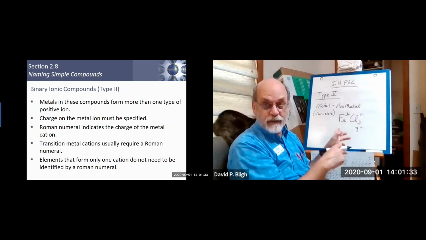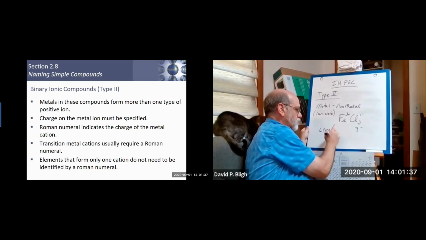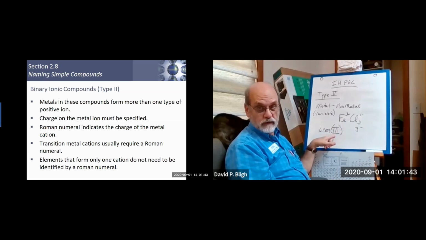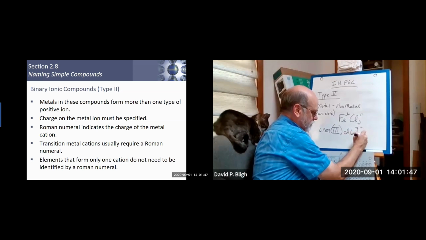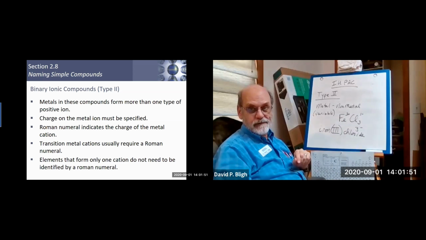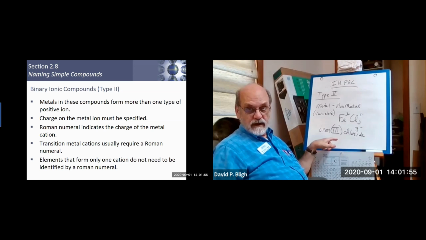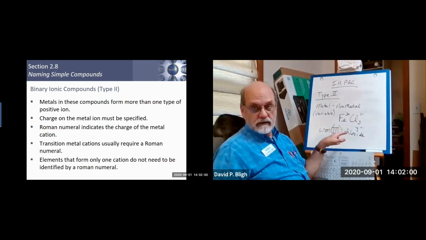Now we can write the name. So we say iron, give the charge in a Roman numeral, chloride. And that's the name for that compound. Now that name, we can use that name to write the compound if we don't know it.